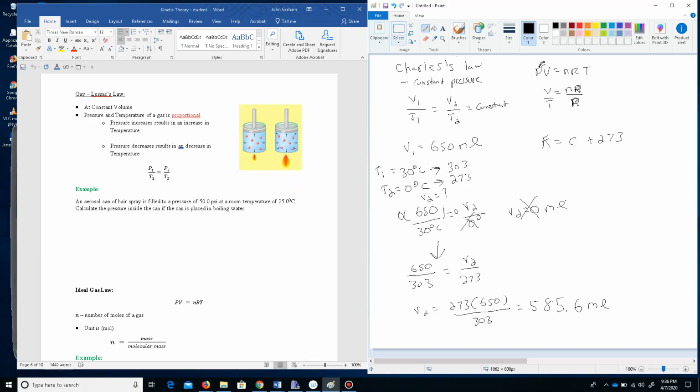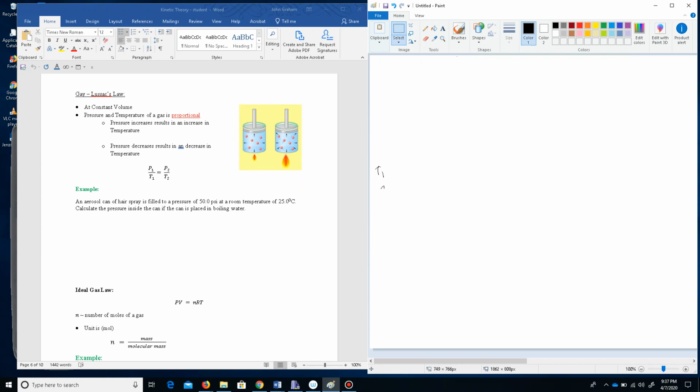The Gay-Lussac's law is done at constant volume, and the idea is very similar to the one we just did. P1 over T1 equals P2 over T2.